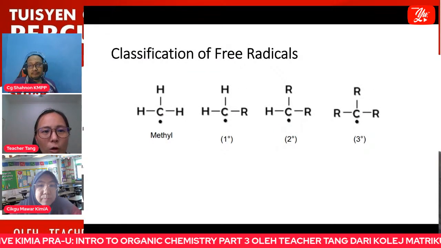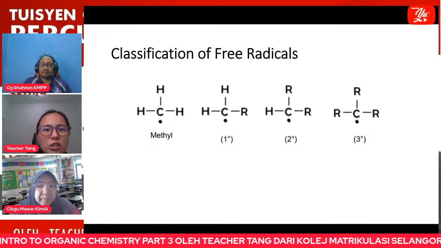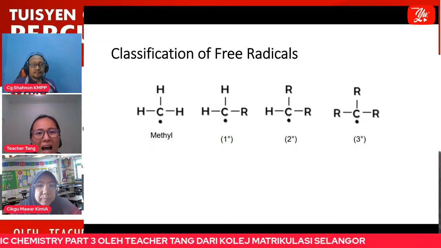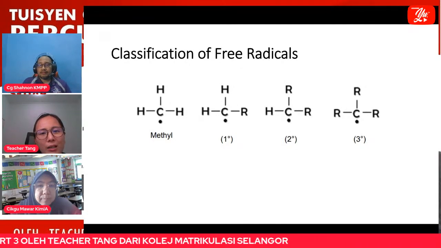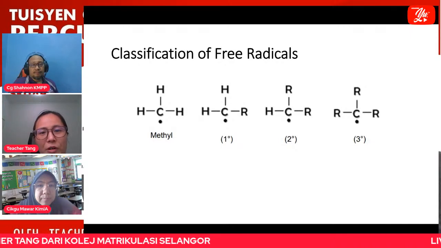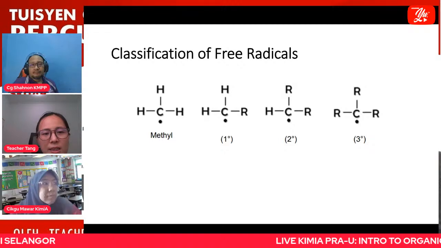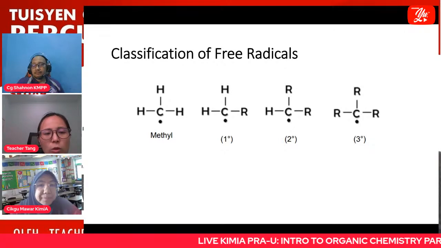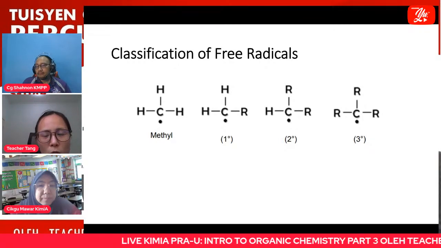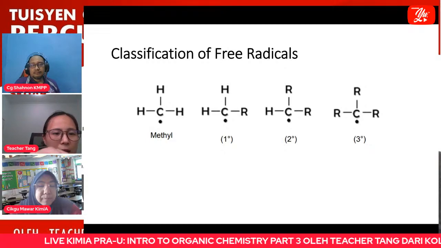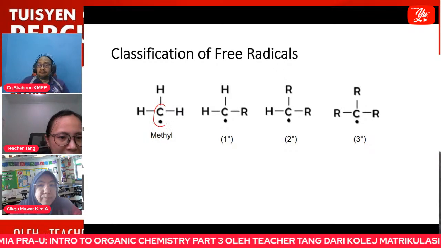So now we move on to look at classifications of free radical. How do we classify free radicals? To classify free radicals, first we need to look at the reference carbon. Which one is the reference carbon? It's the carbon with the unpaired electron.